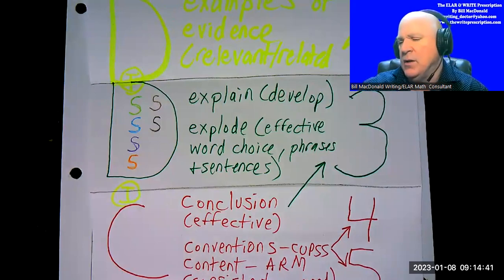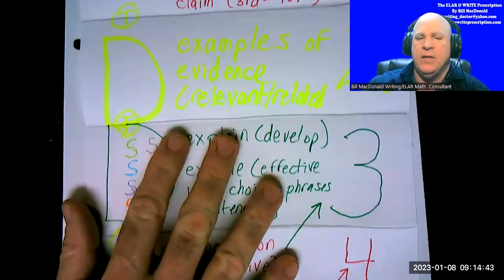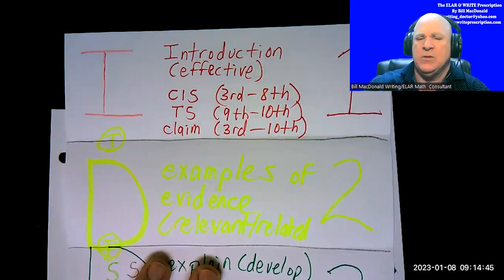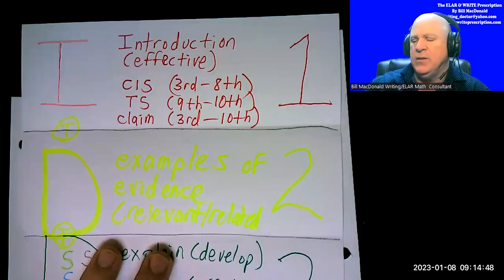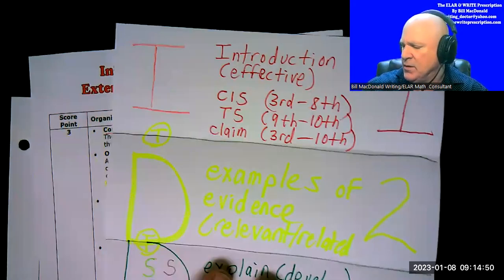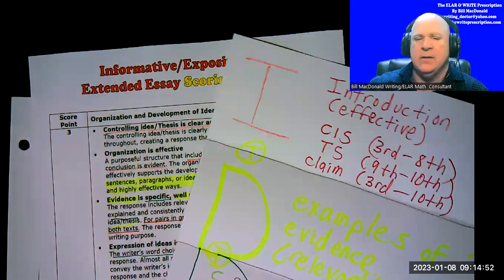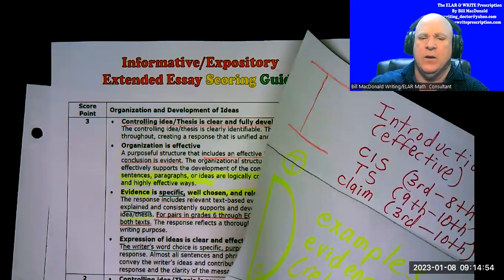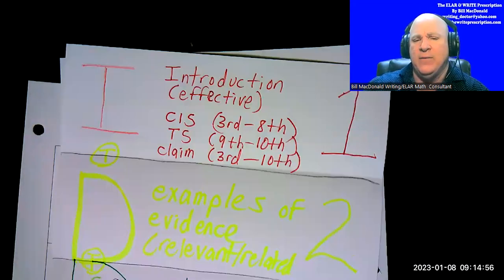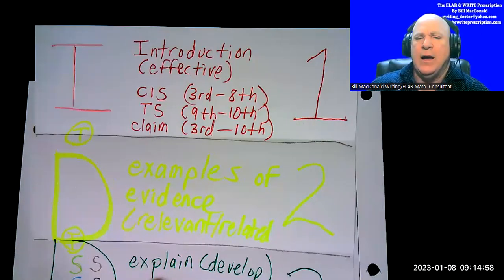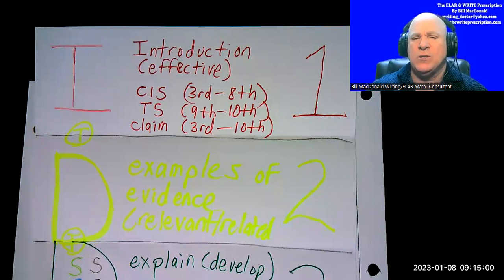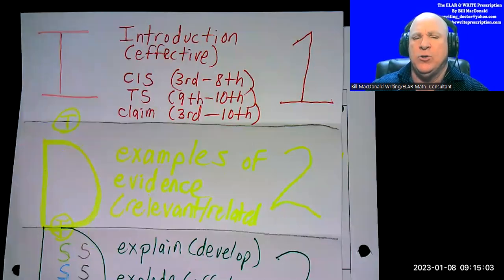All right. Now, everything that I wrote here is based on what the rubric, the scoring guide, says on how to get a 5. So I don't want to teach you just how to get a 1, a 2, or a 3.